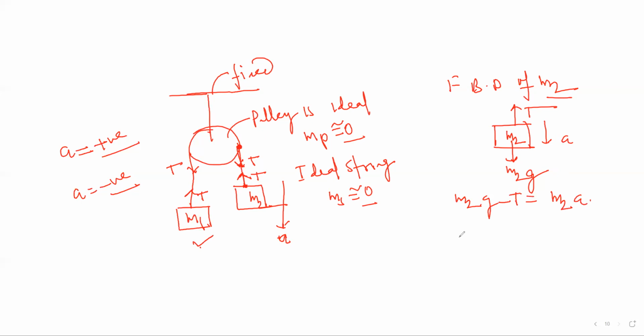And for block m1, what is the FBD of m1? What is happening with m1? This is m1. No one can prevent gravitational force from operating, so m1g is operating vertically downward. In the upward direction, tension is operating. And as m2 is coming downward, common sense suggests that m1 will go upward, so this will be the direction of a.